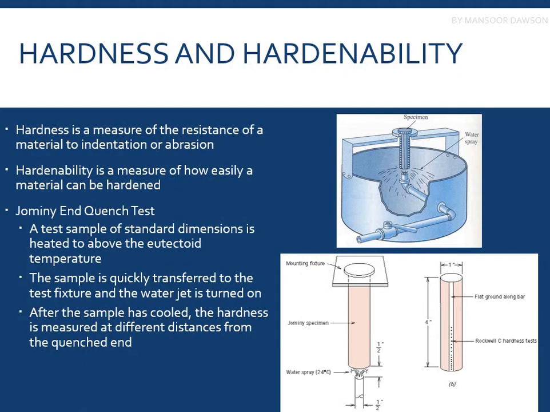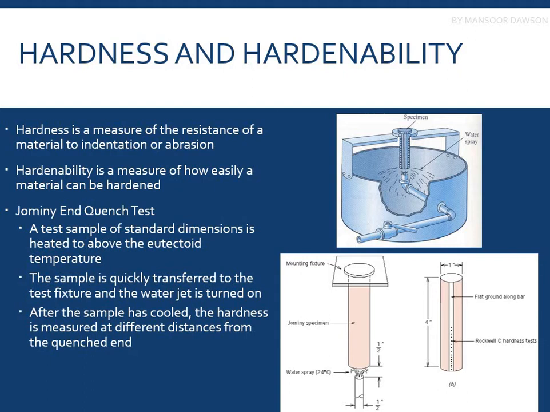So there is the Jominy end quench test, which is used for the hardenability measure. The end quench test means we are quenching the material from the end. In that test, a test sample of standard dimension is heated above the eutectoid temperature, which is about 727 degrees Celsius.